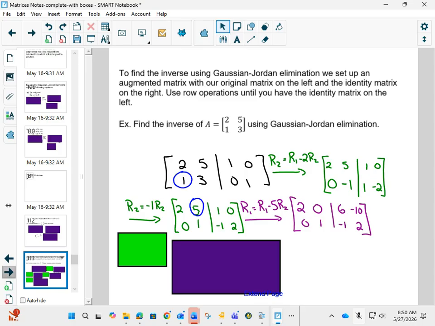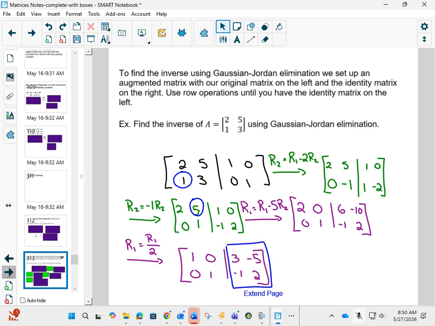And finally, divide row 1 by 2. And sure enough, we have the same inverse as before. And our original technique is still better.